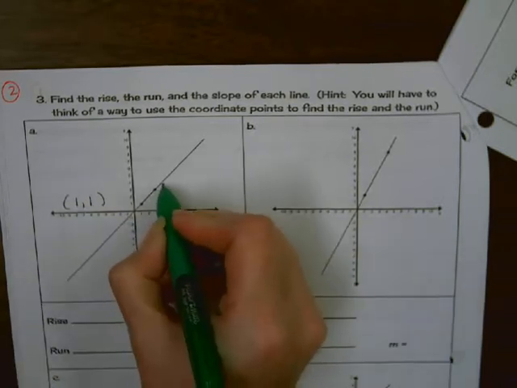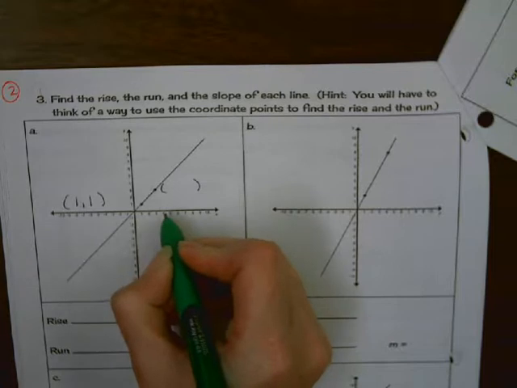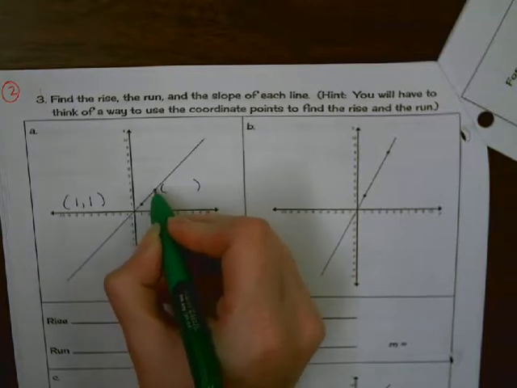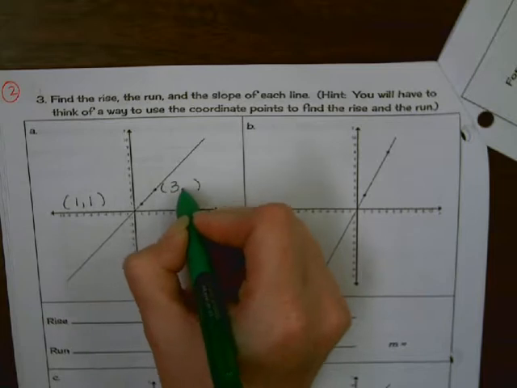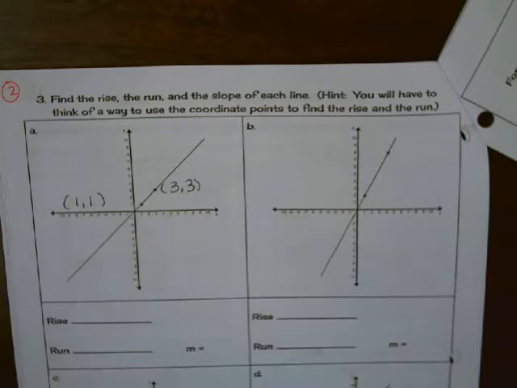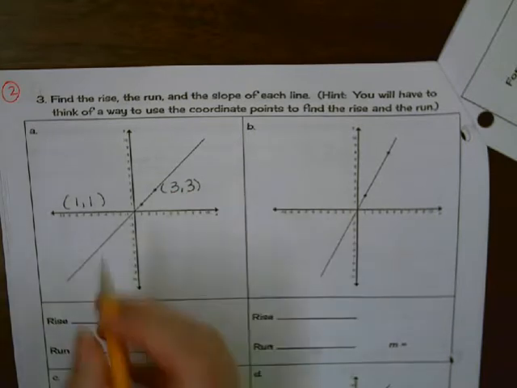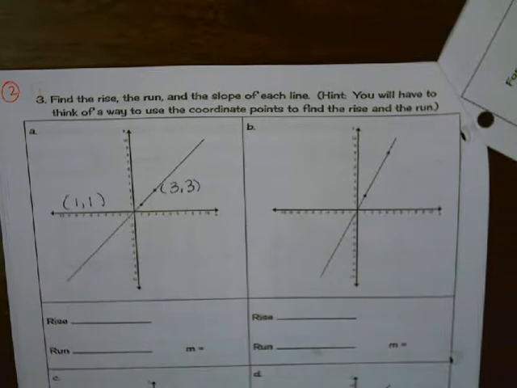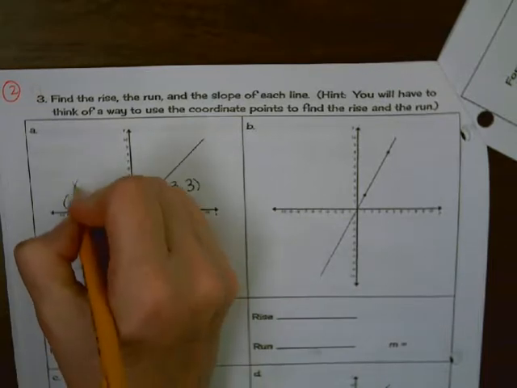And this point right here looks like over 3 up 3. All right? So it doesn't really matter which one you label 1 and 2. This one I'm looking at first.